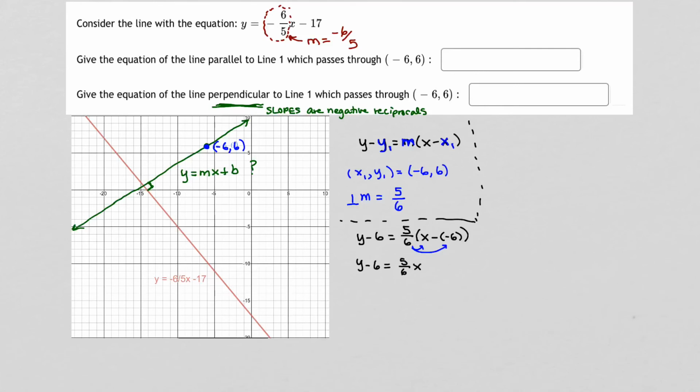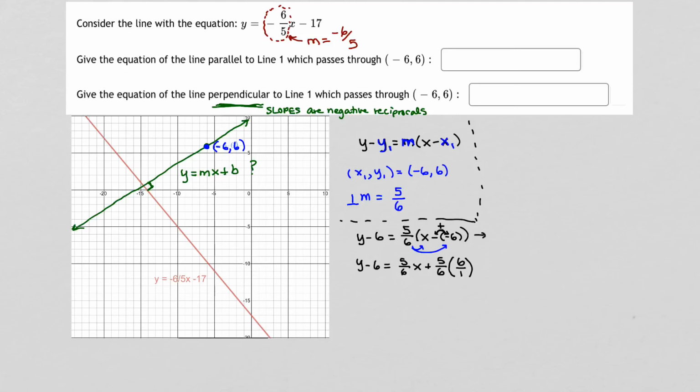Oh, I did a little quick step here, but just to remind ourselves, a negative negative is actually a positive. So I'm taking 5/6 times positive 6, right? So that's 5/6 times a positive 6 over 1.